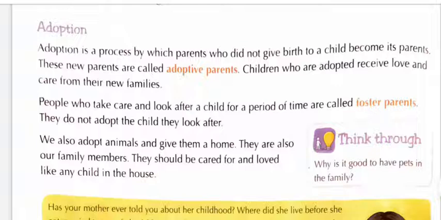They do not adopt the child, but they look after a child. And we also adopt animals and give them a home. They become our family members. They also receive love and care from their families. Okay, so now we come to the end of this chapter.